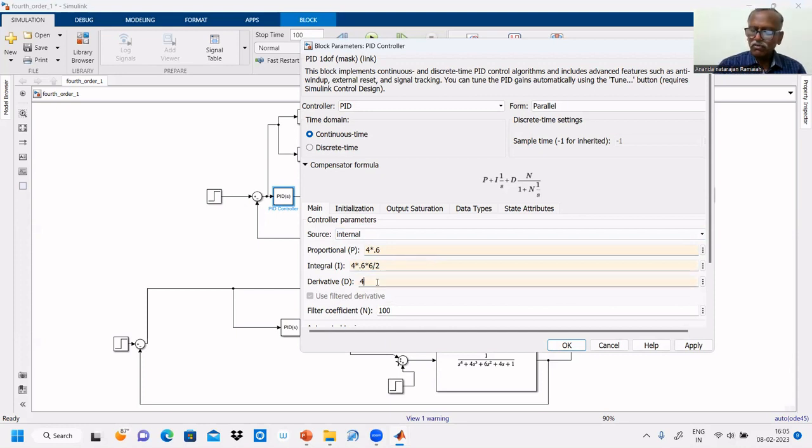Derivative mode is 4 multiplied by 0.6 Kc, and Td is 6 divided by 8. That's all, Kc Td.